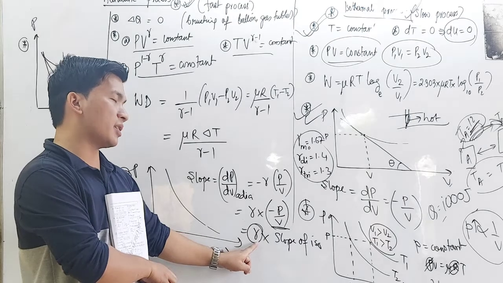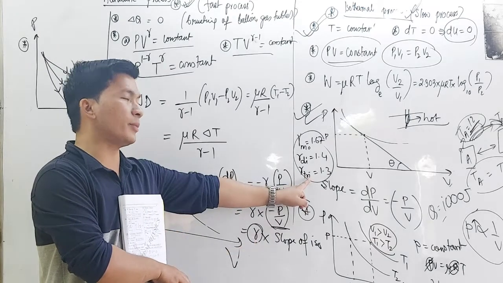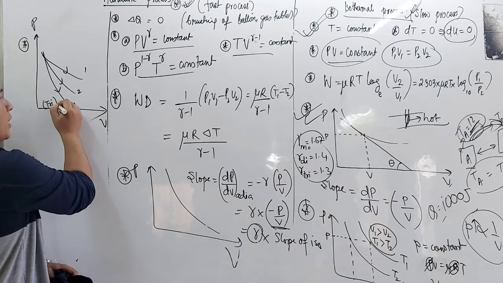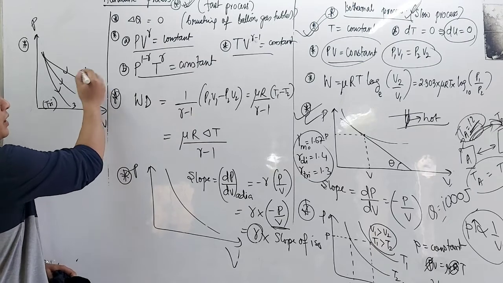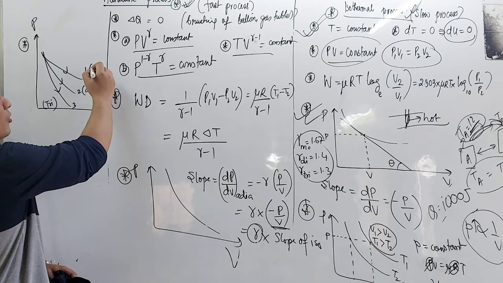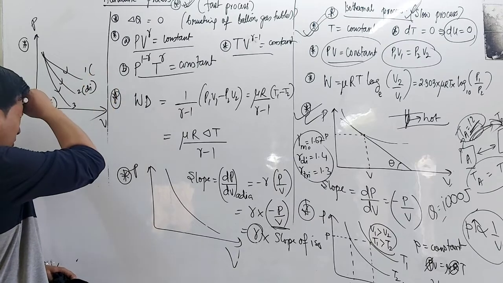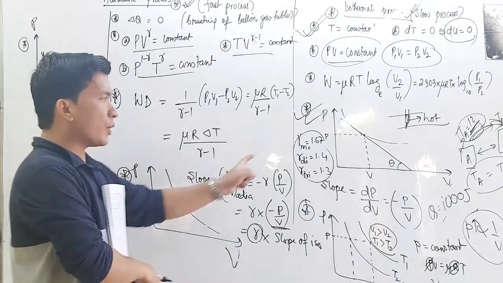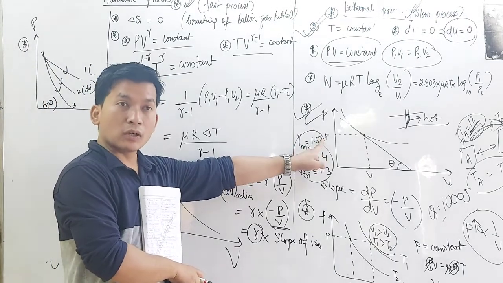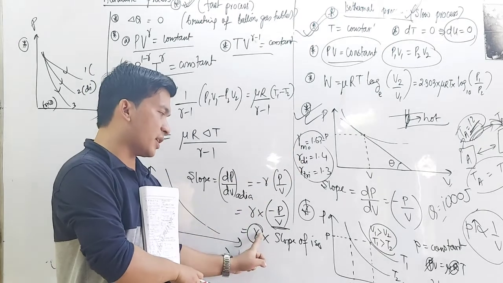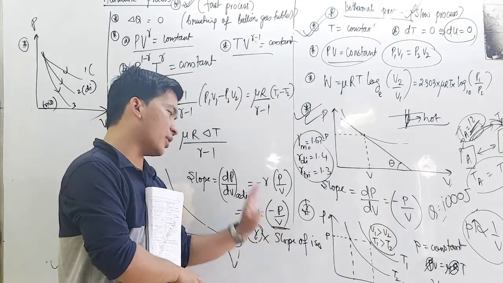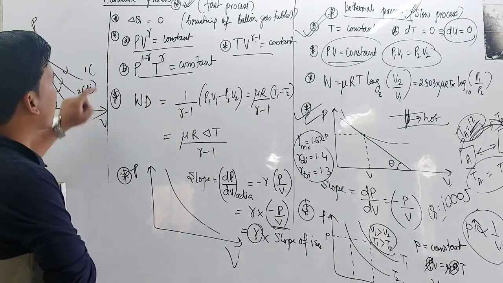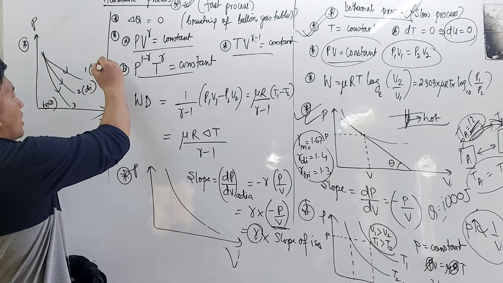Gamma is maximum for triatomic, so diagram number 3 will be for triatomic, diagram number 2 for diatomic, and diagram number 1 for monoatomic, sorry, with gamma 1.67. Wait, more stiff is for the maximum gamma, so number 1 would be polyatomic, this is triatomic.